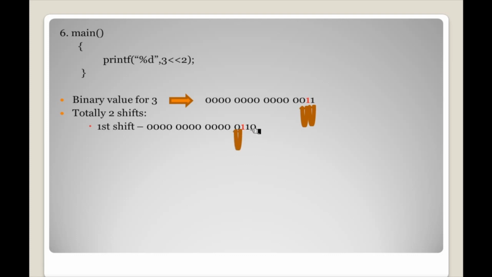And during the second shift, the bit at the third place is moved to the fourth place, and from the second place is moved to the third place. So after the second shift, the binary value will be 1, 1, 0, 0 at the LSB. Therefore, the decimal value for 1100 is 12.